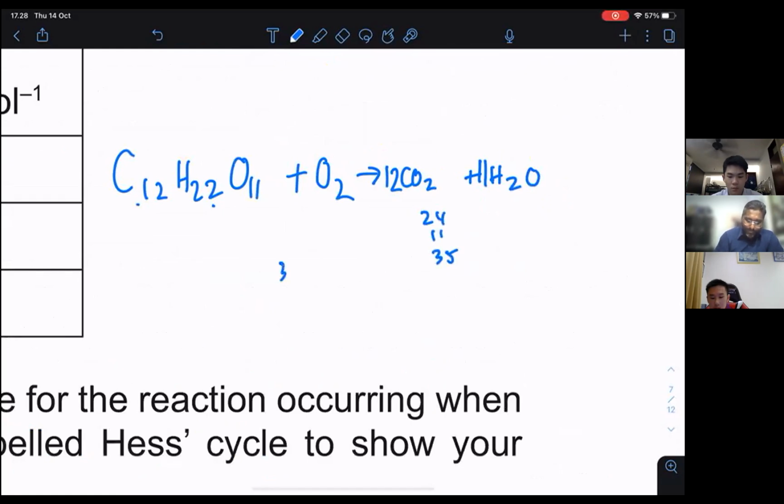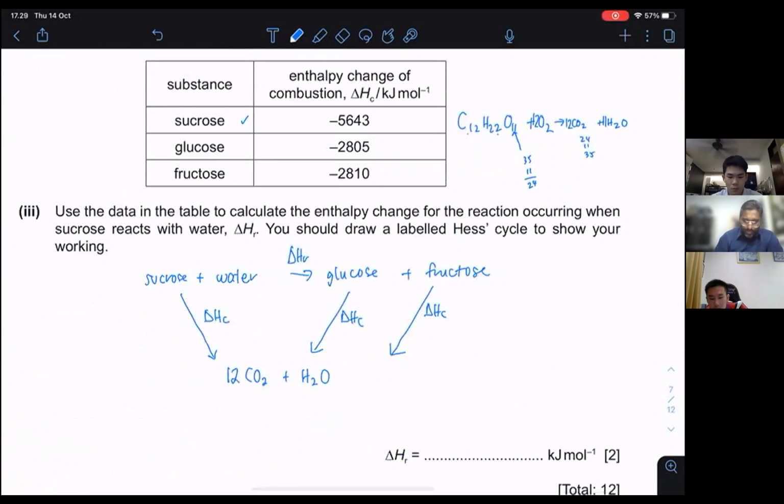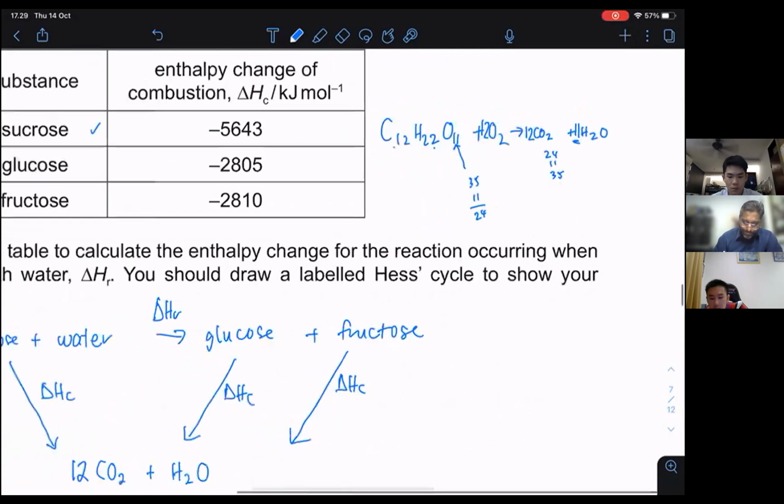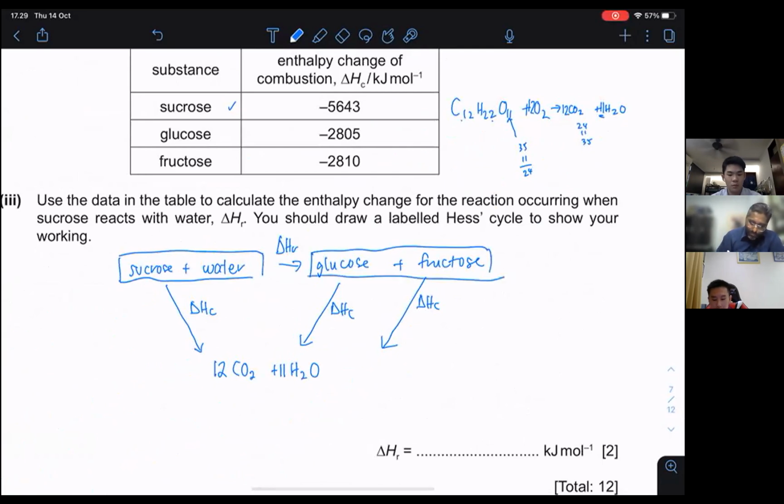Out of 35, 11 is there, so I need 24 more, which means 12 oxygen. So it means 12 moles of carbon dioxide and 11 moles of water. If you want, you can write everything down, but generally this is already good enough.